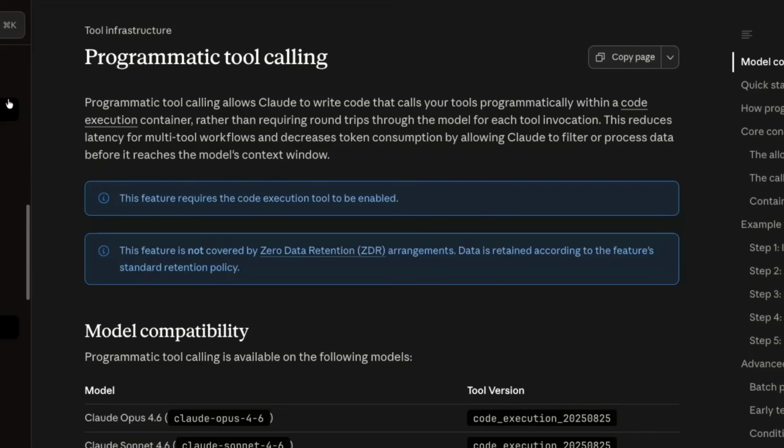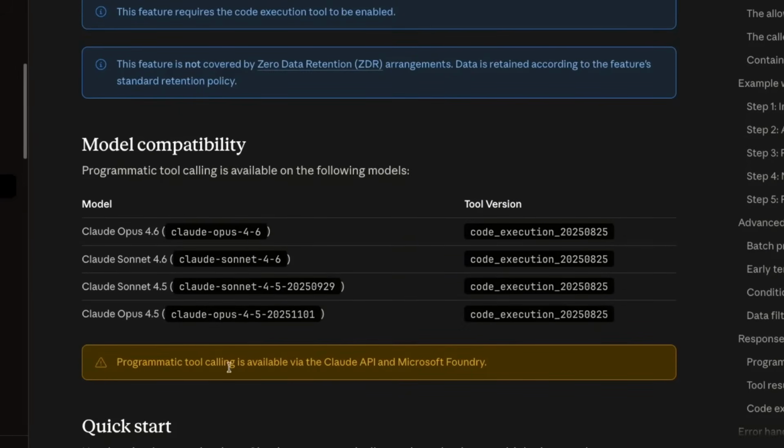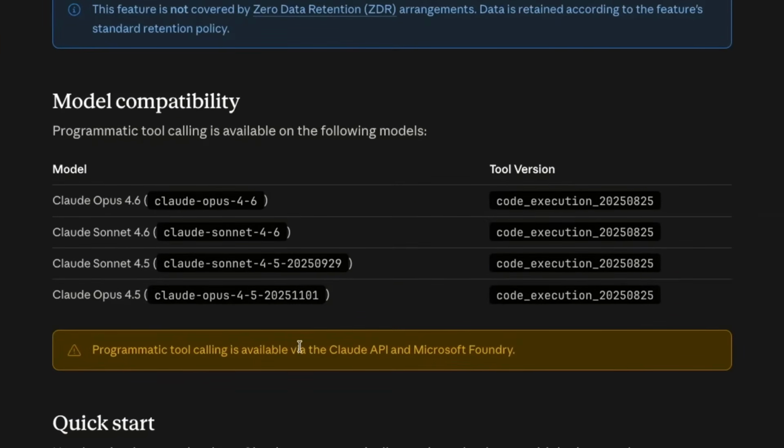That actually means that things like tool calls can be done server side, be much faster, and use fewer tokens. The only challenge with this is that this code execution isn't available on all the platforms. You can see here that it's basically saying that it's available via the Claude API and the Microsoft Foundry.